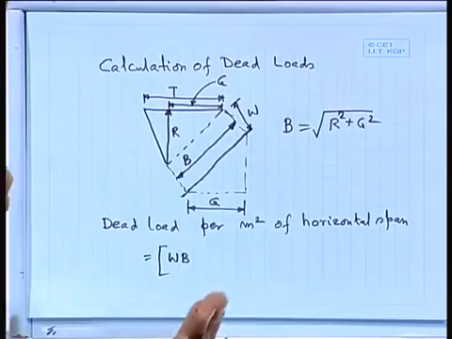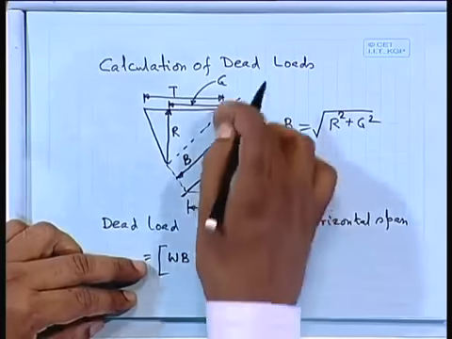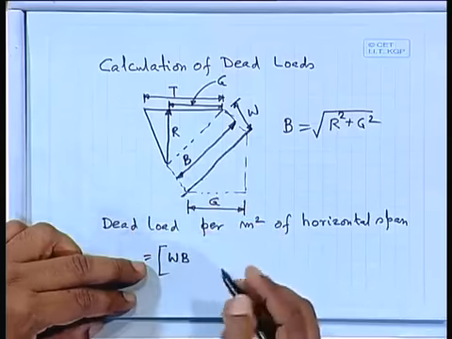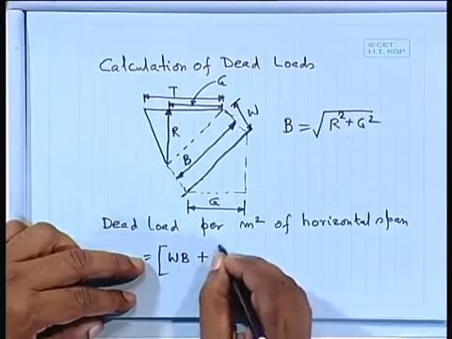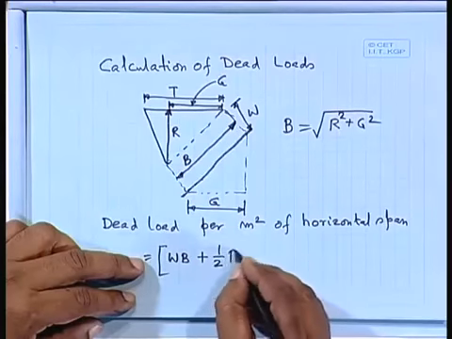That means that we are taking the width of the staircase 1 meter. So, WB, this is your WB times 1 times the unit weight of the concrete plus this triangle, which is half times R times T.